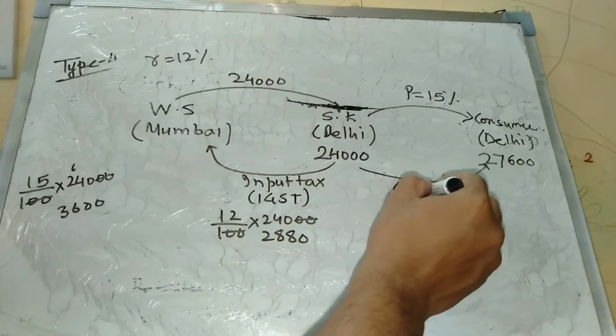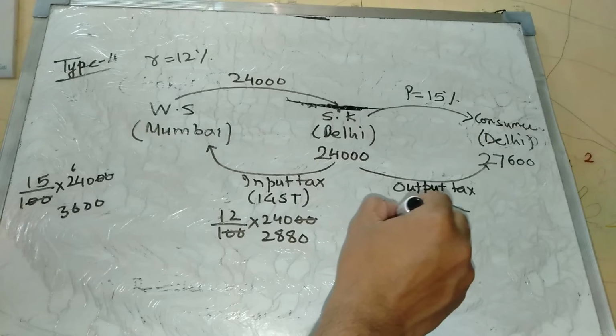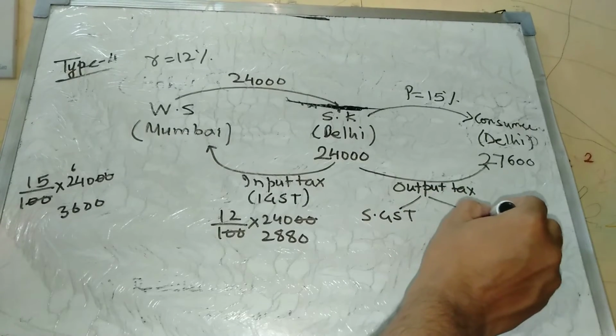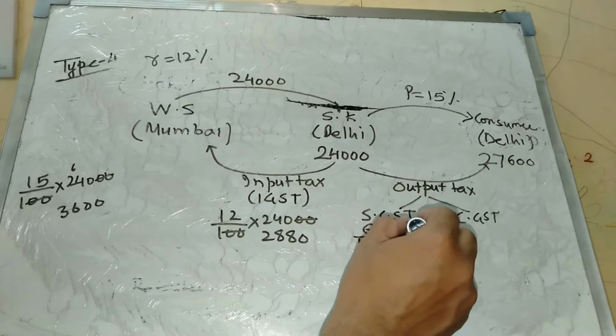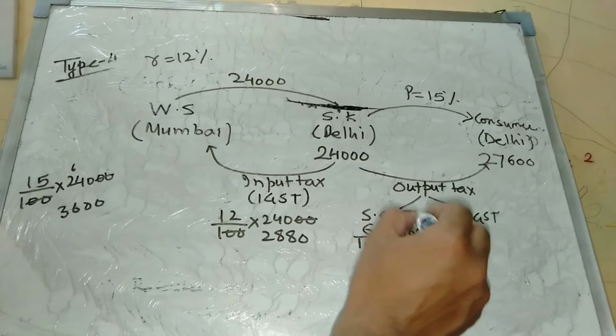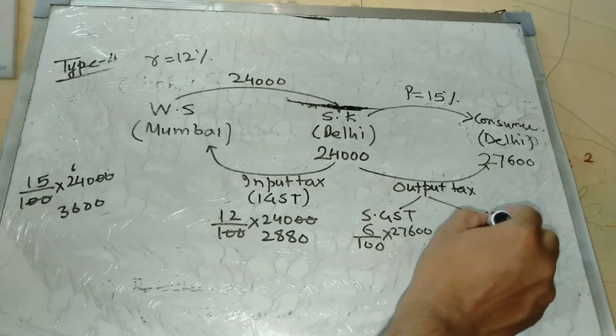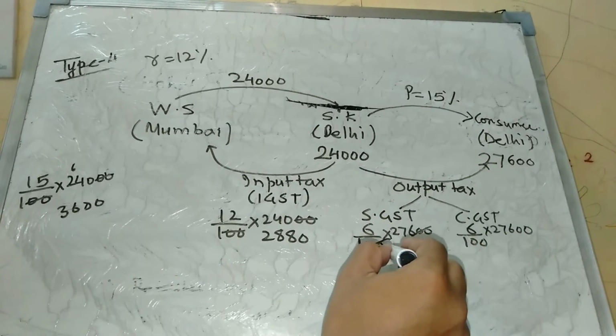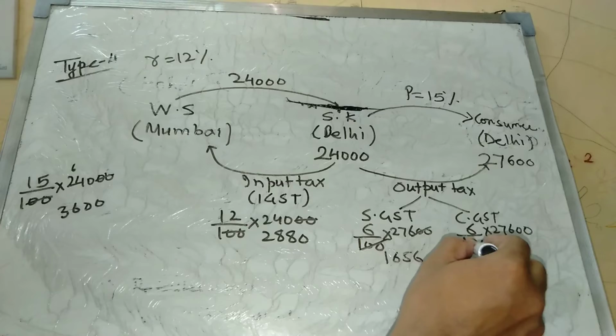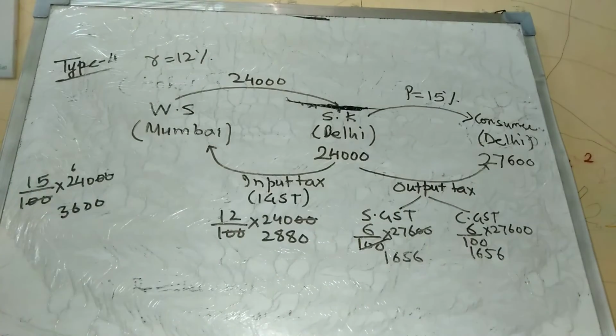If the states are the same, then SGST and CGST will be charged. 6% of 27,600 is 1656. Right?